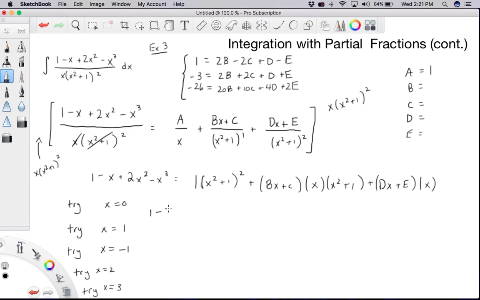Okay, so 1 minus 3 plus 18 minus 27 equals 10 squared plus 3b plus c times 3 times 10 plus 3d plus e times 3.